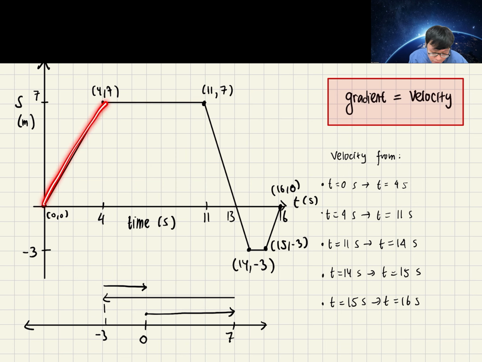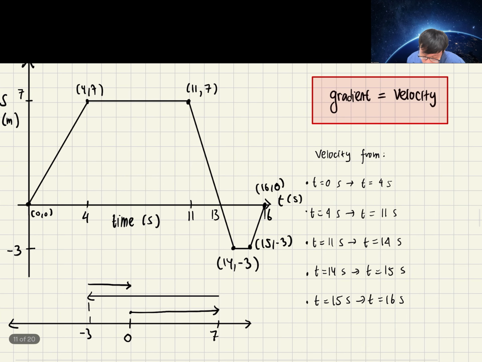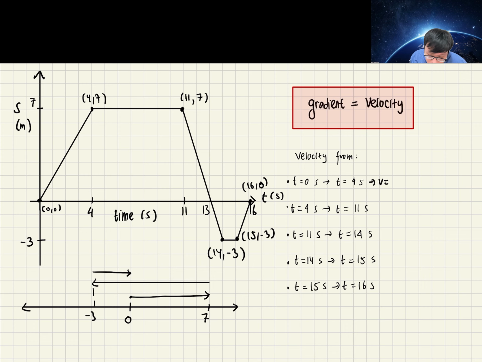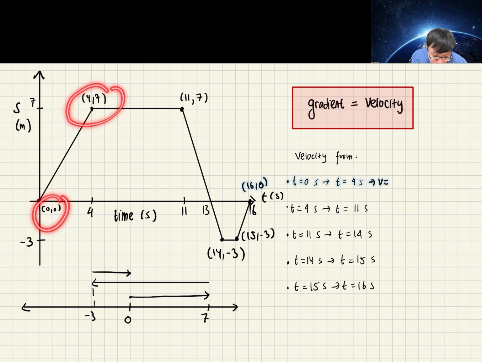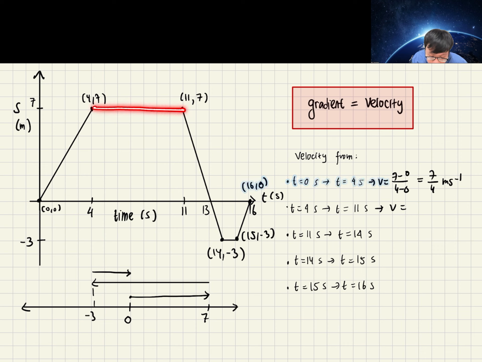From 0 to 4, let's find the velocity. So v equals to, we use these 2 points, 7 minus 0 over 4 minus 0. So 7 over 4 meter per second. From 4 to 11, as you can see, the graph is horizontal, means that it's not moving. So 0 meter per second. You can find the gradient of the horizontal line, there will be 0.